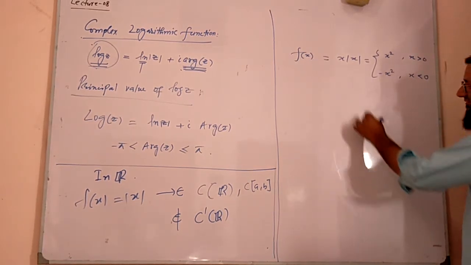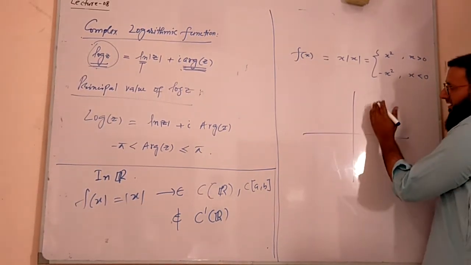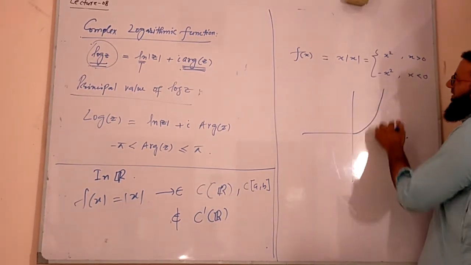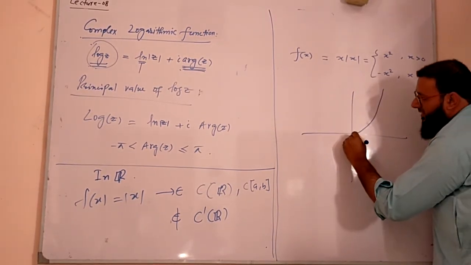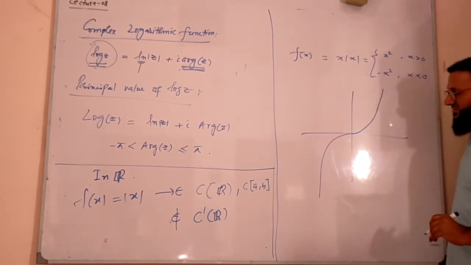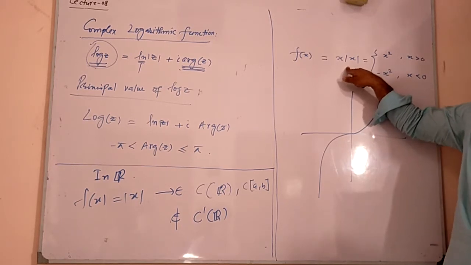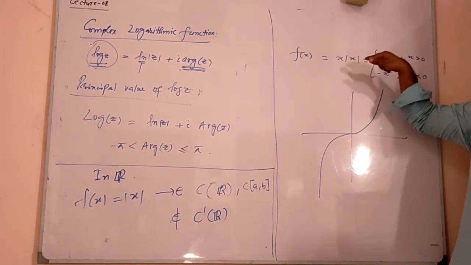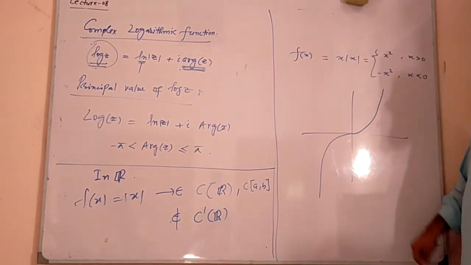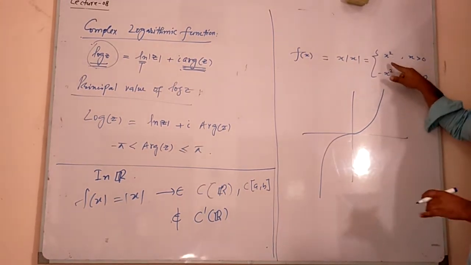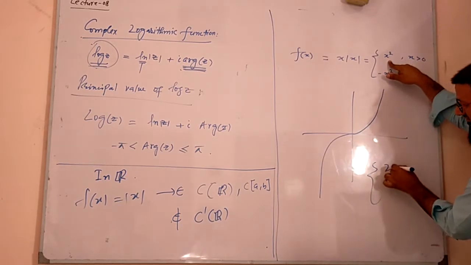So what is the graph of this function? On the right hand side it's a half parabola, and on the left hand side it's a parabola. This is exactly the point where it is differentiable once. It is not differentiable twice. What is the problem? What is the derivative of this one? Derivative of x square, 2x.